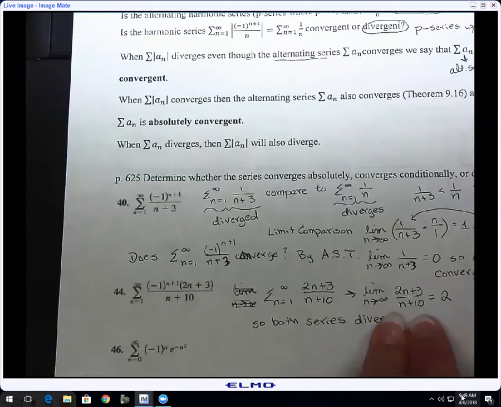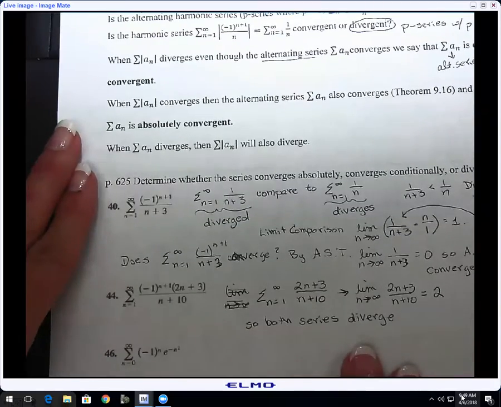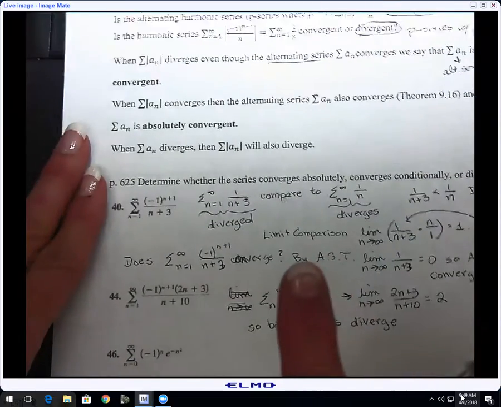We can't use the nth term test to say anything. The conditions fail when the limit is zero. Here the limit's not zero. So it diverges, we know something. But I should not have said both series diverge just because of the absolute value one.